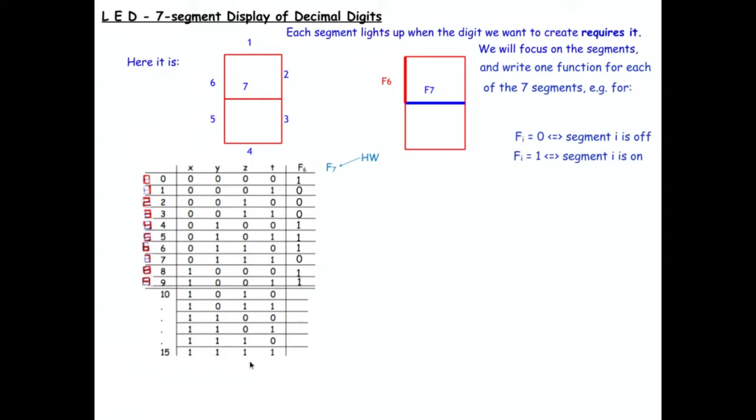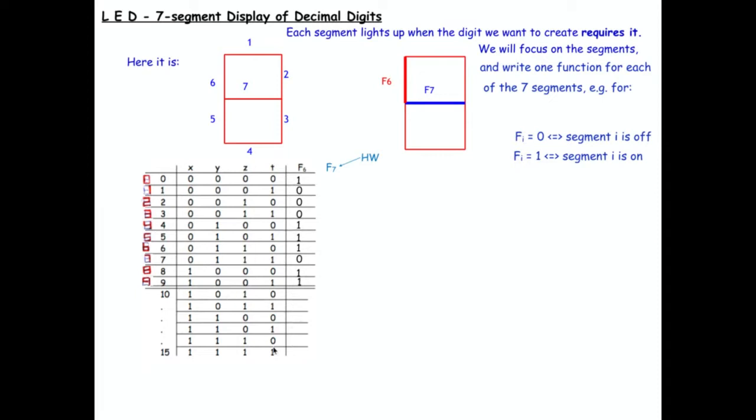Again, I repeat my question. The actual device will have the 4 wires going into it, and there are 16 different combinations of on and off electricity going into those 4 wires. The behavior of this function, the outcome, has to be exactly like this for the first 10 combinations.